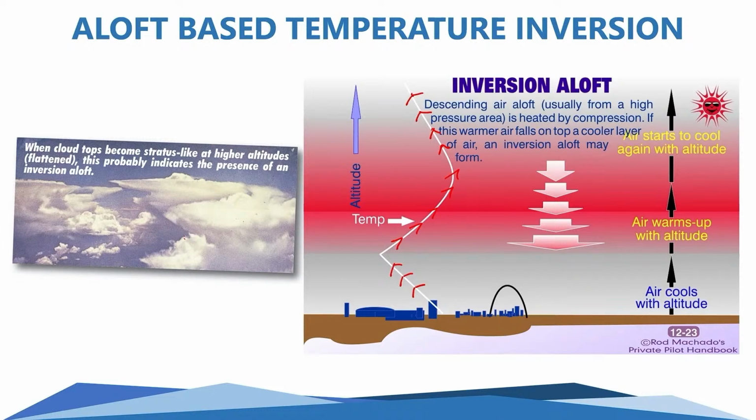Okay. There are a couple of ways that we can see signs of inversions, especially at higher altitudes. If you're flying in the flight levels, usually above 18,000 feet, you can look at the top of clouds, and they start to create this pancake-like shape and flatten out. That's a pretty good indication that there's an inversion aloft. There is no altitude limit on these things.